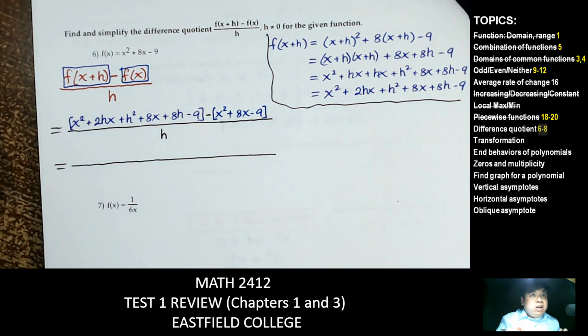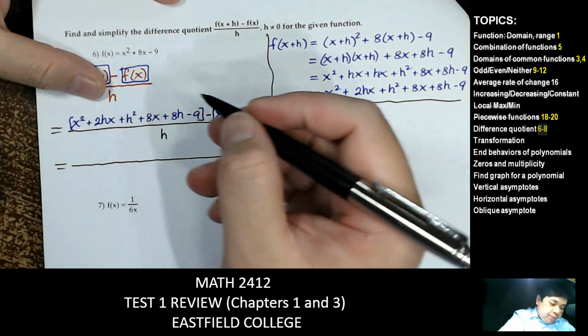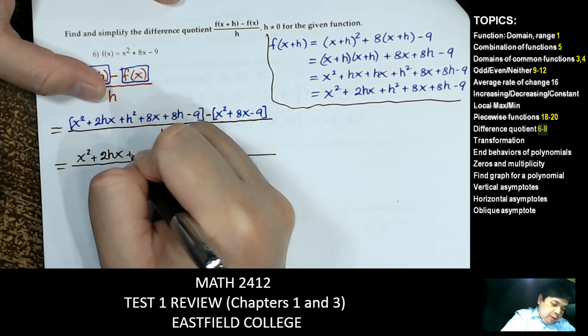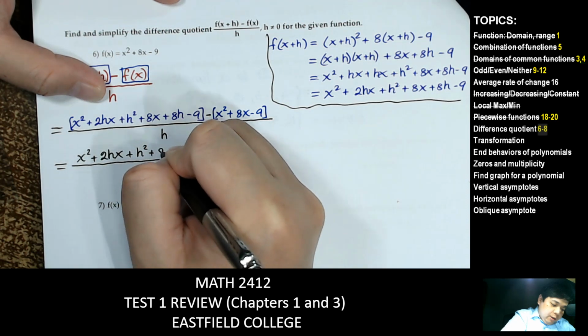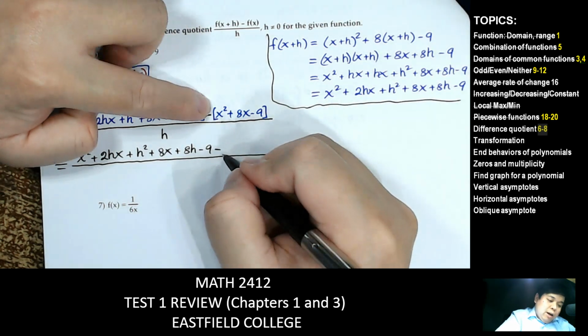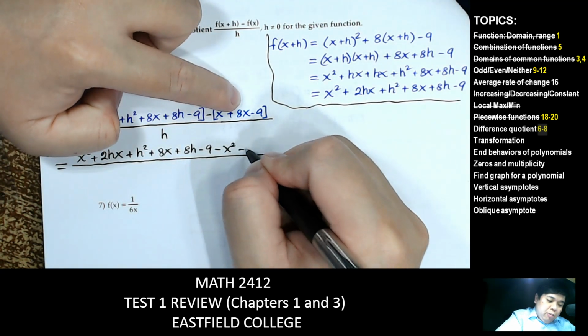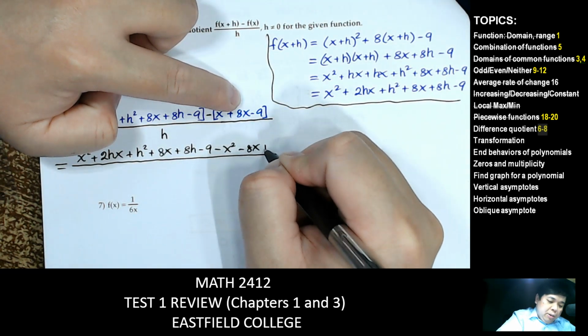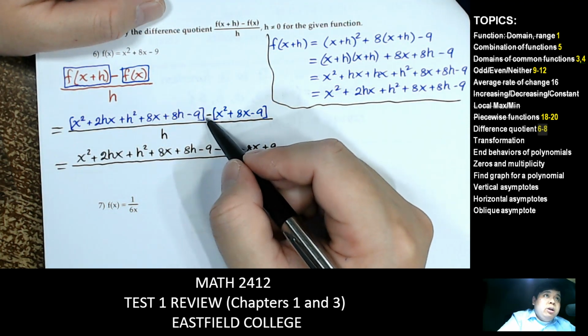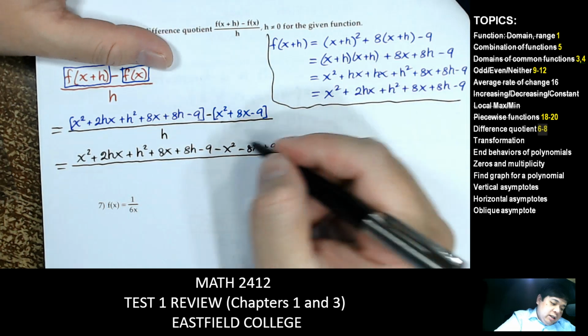Now just remove the parentheses and simplify. That will be minus x squared minus ax and plus 9. We have to change the sign of everything inside. We distribute the negative inside.